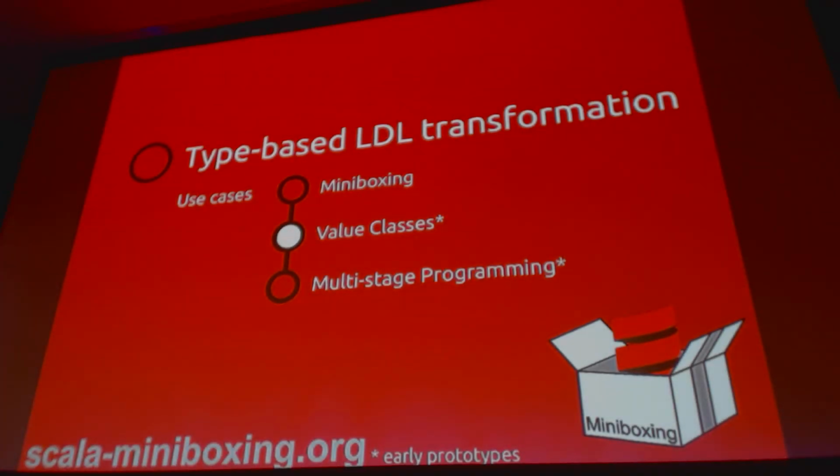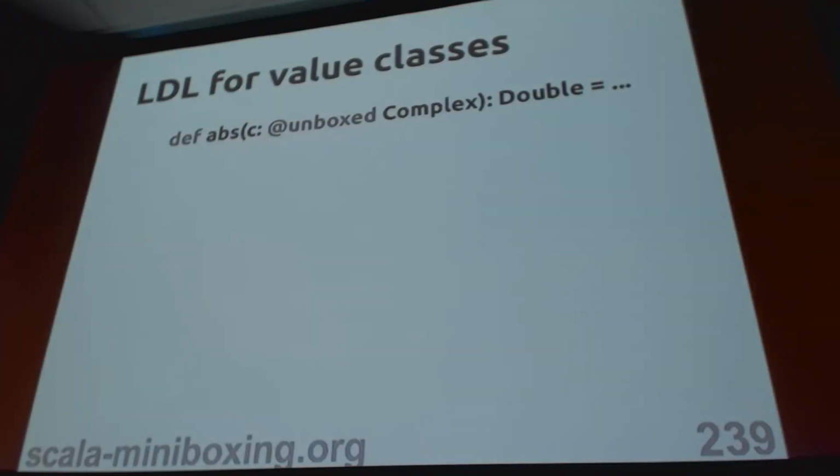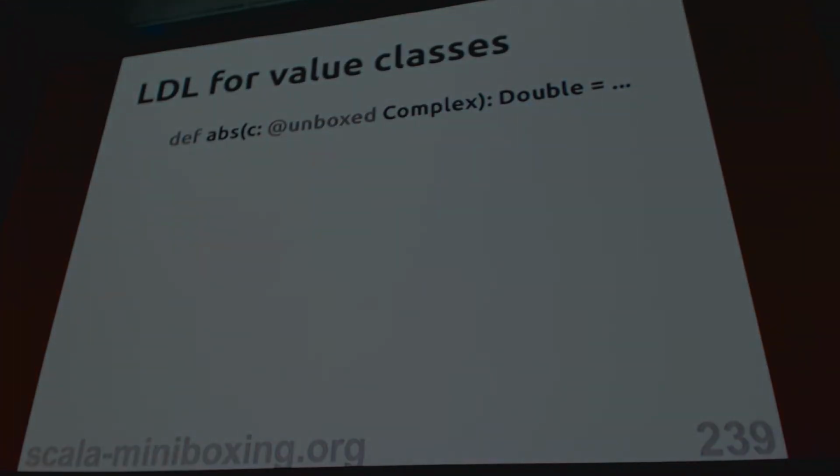Okay, value classes. Value classes, I'm going to talk about one of the examples I gave in the introduction, because all of them are pretty much the same. There's no real difference. But the point is, during the commit phase, this time it happens during the commit phase, we know, for example, in the ABS method, that C is an unboxed complex.